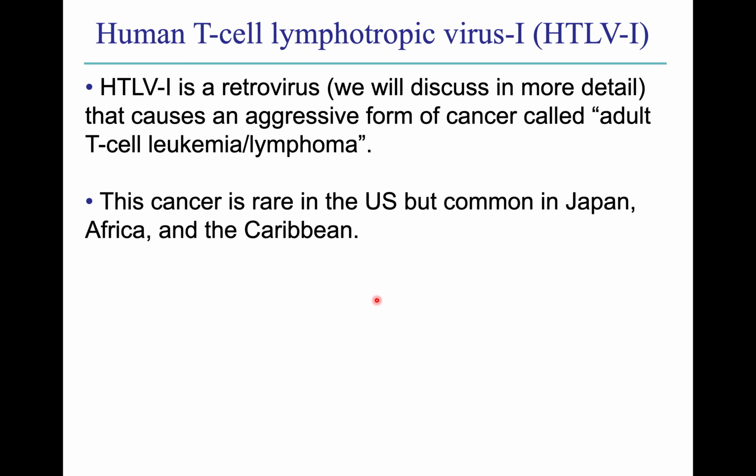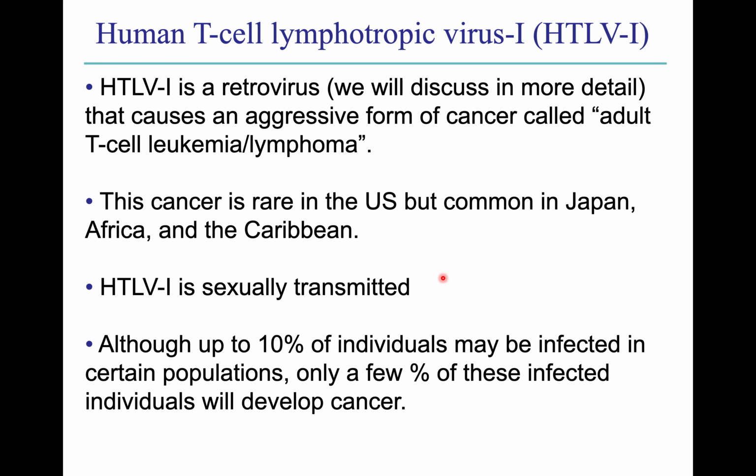You don't tend to hear about this much in the U.S. because it's pretty rare, but it's a lot more common in Japan, Africa, and in parts of the Caribbean. It's a sexually transmitted disease, and again, although you may see 10% of individuals infected in some of these parts of the world, a small percentage of those are actually going to develop cancer due to the viral infection.